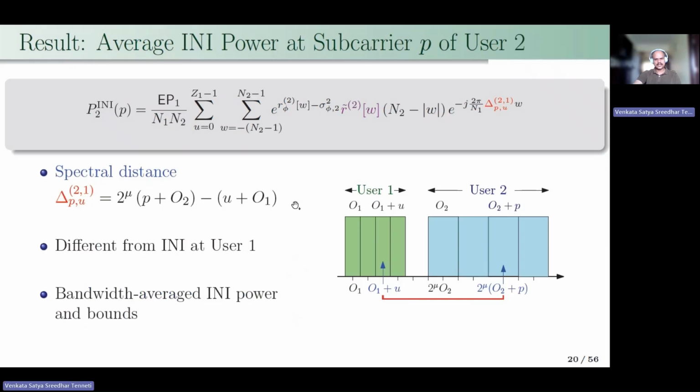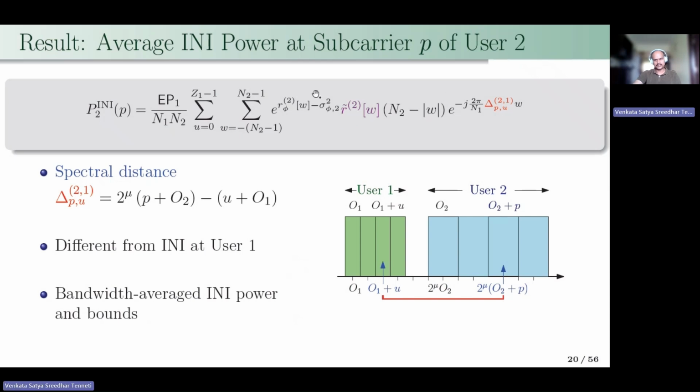This result shows the average INI power at subcarrier P of user 2, which is the higher subcarrier spacing user. Once again, you can see it depends on the EPRE, also depends on the subcarrier allocation, and also on the spectral distance. This expression is different from the INI power at user 1 because there is no summation over the channel taps.